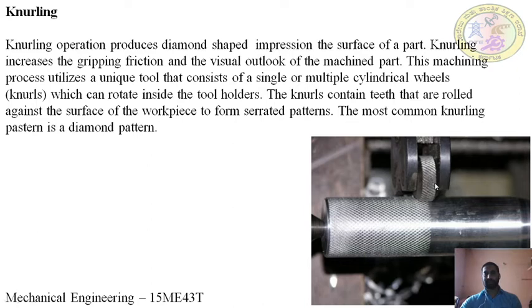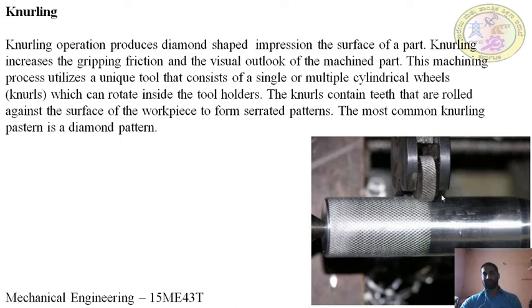It is a unique tool that consists of a single or multiple cylindrical wheels, which can rotate inside the tool holder. The knurls contain teeth that are rolled against the surface of the workpiece to form the selected pattern. The most common knurling pattern is a diamond pattern. You can produce different kinds of patterns, not only the diamond shape.